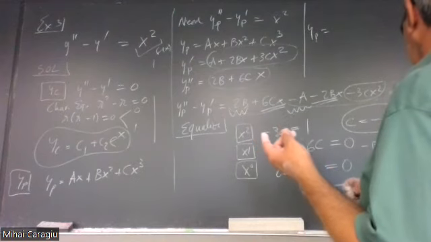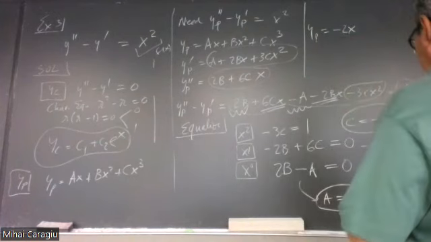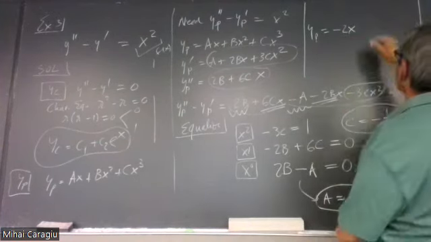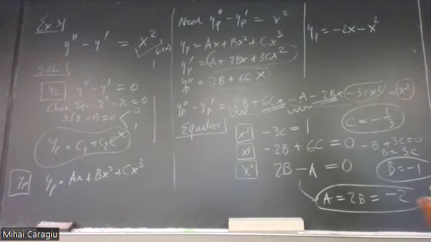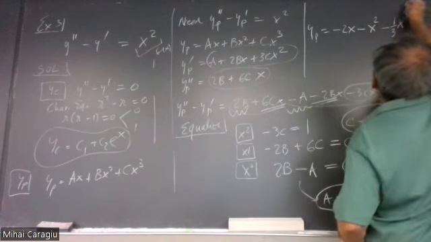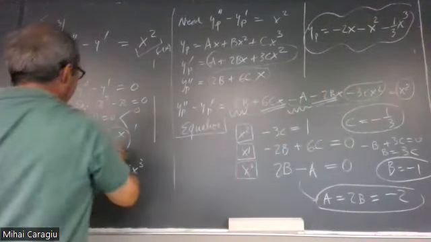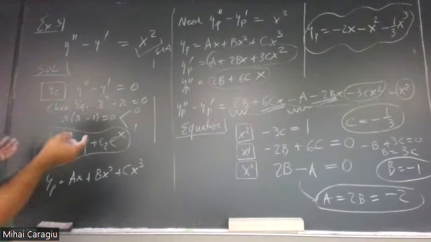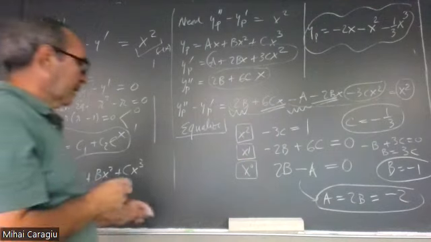So ax is minus 2x, plus bx squared, so minus x squared, plus cx cubed, c is minus 1/3, minus 1/3 x cubed. That's y sub p, that's y sub c, and then add them together. y sub c plus y sub p is the general solution of the non-homogeneous equation.